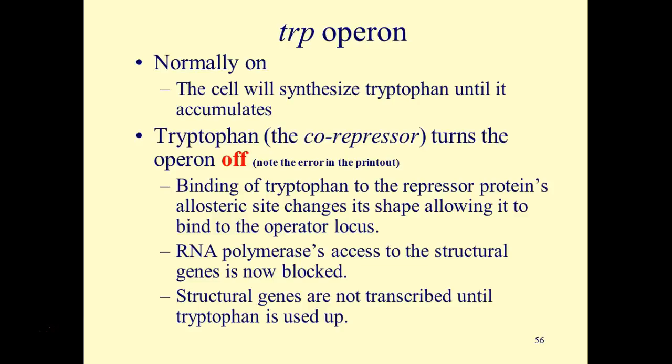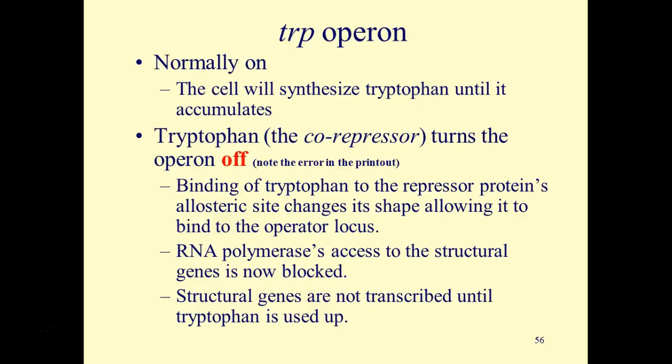Binding of tryptophan to the repressor protein's allosteric site changes its shape. So just like with the Lac Operon, the shape is changed. But in this case, it allows the repressor protein to bind to the operator locus. In the Lac Operon, it fell off. So now it's going to bind on.